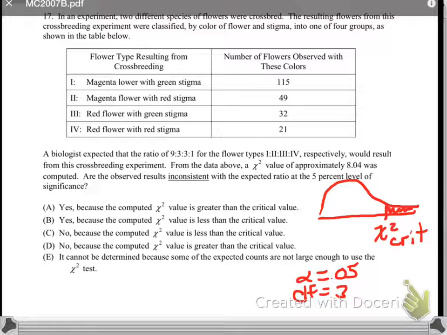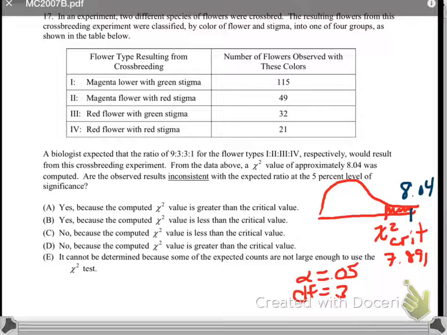So if you look on the table, the critical value is 7.891. All right? Now, what did I get for chi-square calc? I got 8.04. So let me choose another color for that. And so 8.04 is over here.